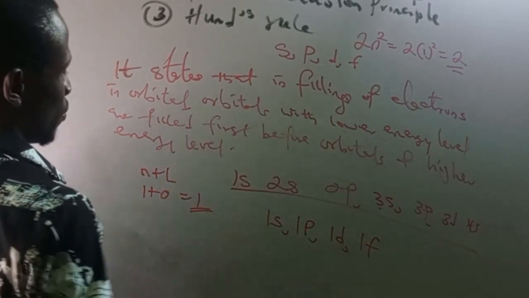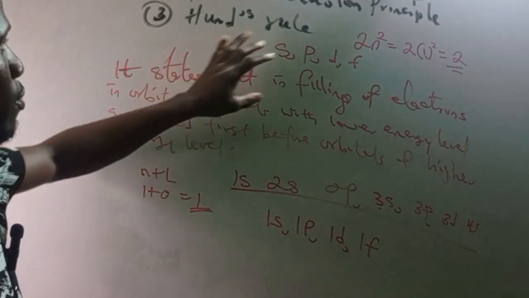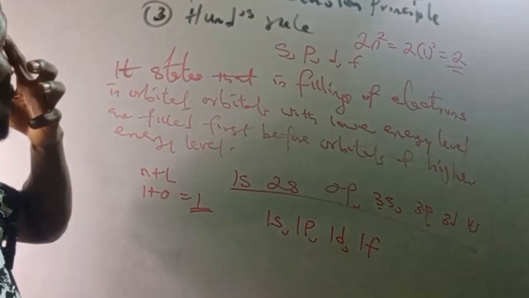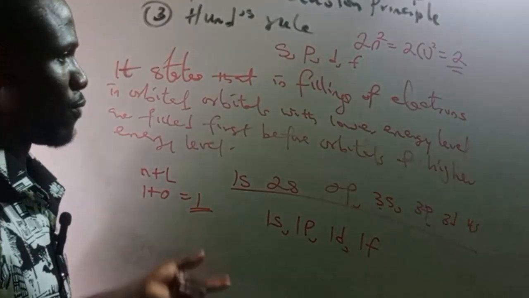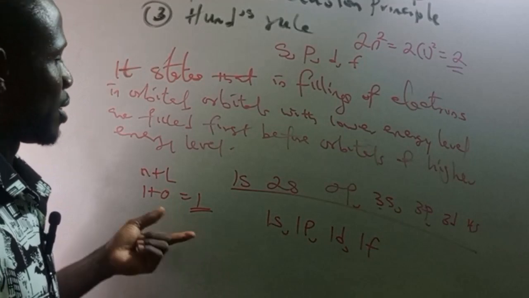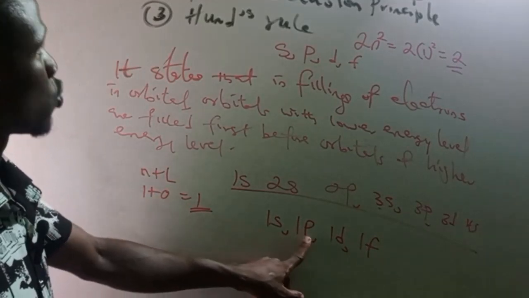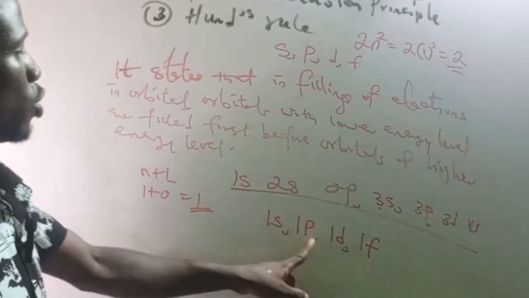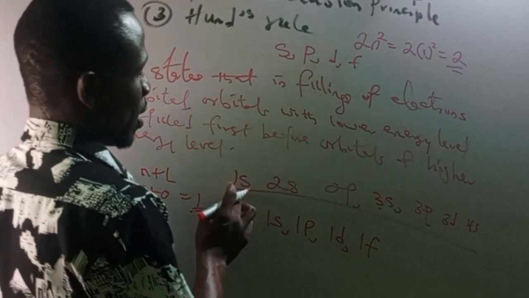So the value of the energy is 1. The n plus l value determines the energy levels. The one of lower n plus l value is the one that has the lower energy level. So 1p would be 1 plus 1, which gives 2. The one with the lowest energy level is 1s. 1s has lower energy than 2s.